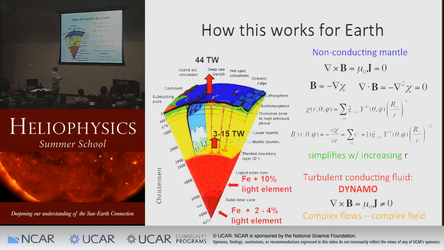Now, for the outer portion, where the magnetic field is actually current-free, I know many of you, most of you, know how to solve Laplace's equation many, many different ways. In spherical coordinates, we use spherical harmonics. These are these wonderful functions, Y_lm, that depend only on theta and phi, and then a radial dependence that goes as 1 over r to the l plus 1.